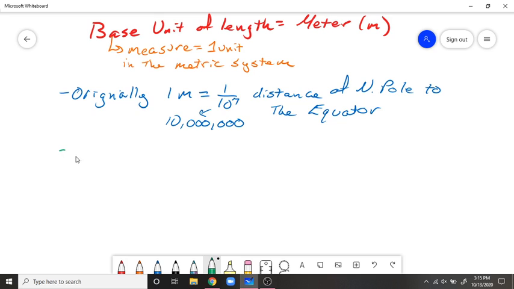Thankfully, with the advancement of science, we've been able to make a more accurate, more consistent measurement.